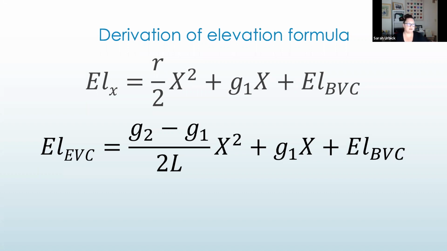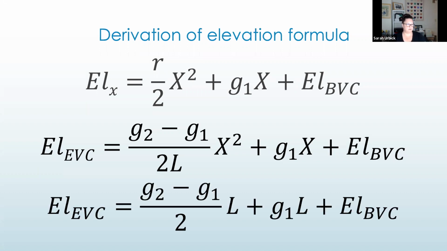Okay. But we've got 2 distance variables in here. We've got a length and a length, L and X. So if we say that L is equal to X, how far are we from our base point, the beginning of our vertical curvature? We have our average rate of change times our length. That should be squared. That's what was giving me so much trouble. No, it shouldn't.